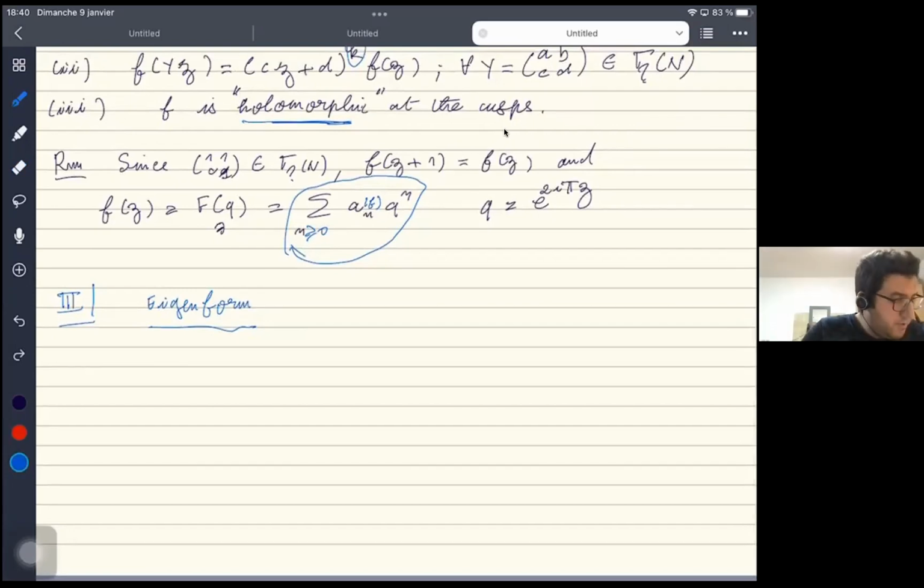So you have the first Hecke operator, which is called the diamond.